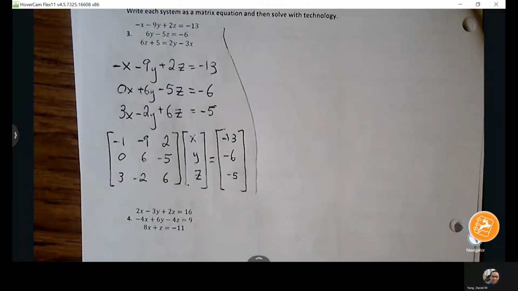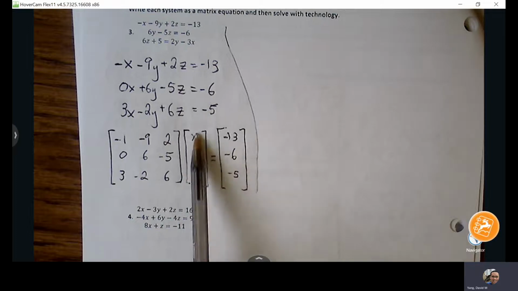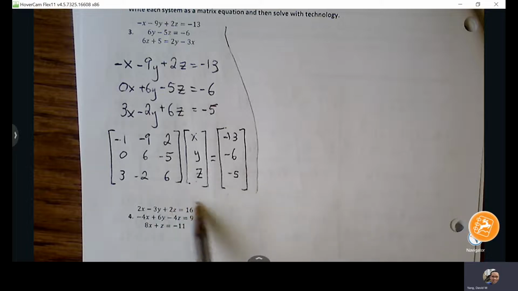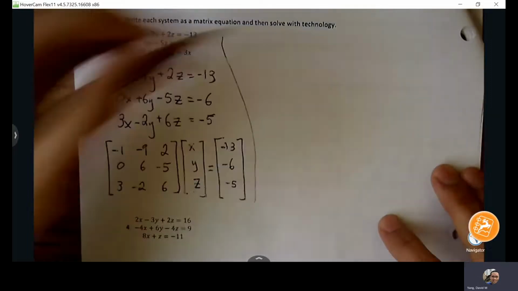Okay. All right. So now, in order to get my variable matrix by itself, I have to move this 3x3 matrix to the other side. And when I move it, it turns into a what? Inverse. And it comes first. Make sure that any matrix you move to the other side is going to end up being the first matrix on the other side.